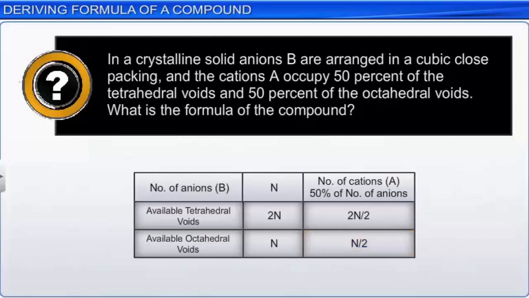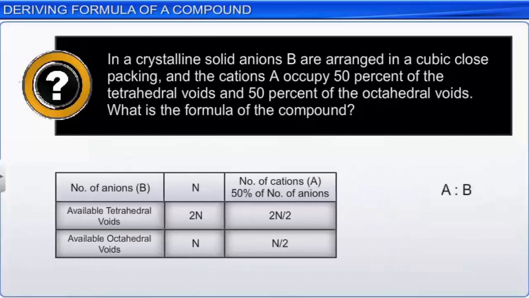Also, cations A occupy 50% of the tetrahedral voids. That is, cations A are present in 2N/2 tetrahedral voids. The A:B ratio thus becomes 3N/2:N. The simple whole number ratio of A:B is 3:2. Thus, the formula becomes A3B2.